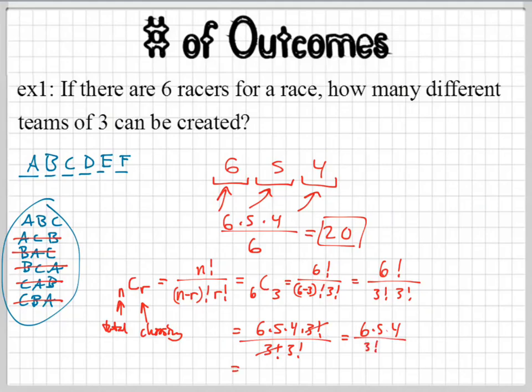It's 6. We cross out the 6 on top and the 6 on the bottom because they make 1, and we're left with 20. So that's how many different teams you can get: 20 different teams of 3 out of 6 athletes. That's it.